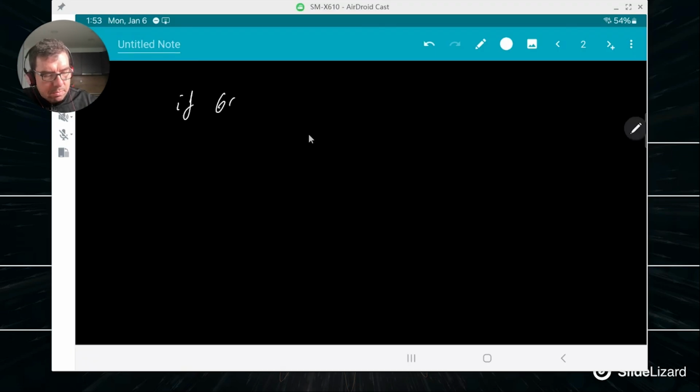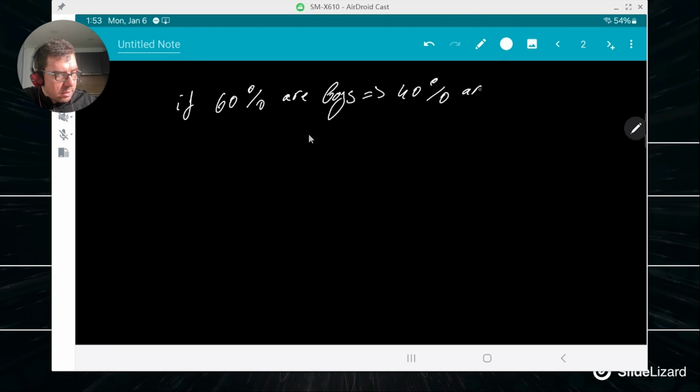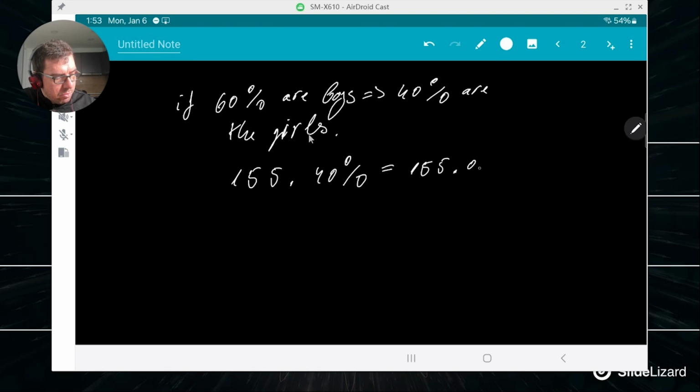If 60% are girls, it follows that 40% of the total are the boys. And so I just need to find what is 40% out of 155. 155 times 40%. This is 155 times 0.4, which is basically the same as 15.5 times 4, which is 62. Okay? And that's the answer.